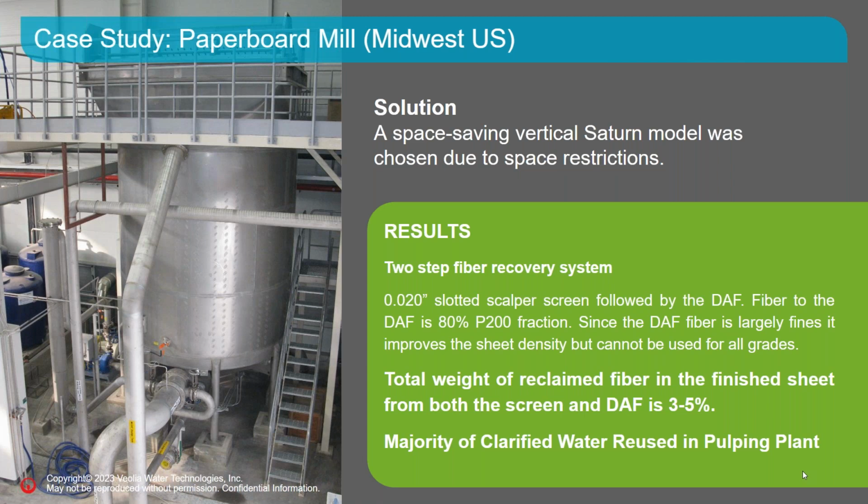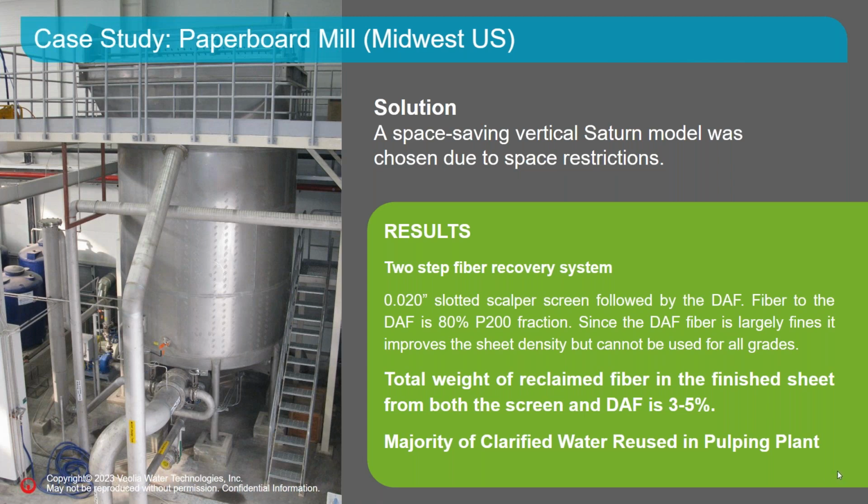And the fiber to the DAF tends to be 80% or so of the P200 fraction, so very fine material. Since the DAF floats up this fine material, and it's largely fines, it can improve the sheet density of the final product, but it cannot be used in all the grades. Sometimes they have to reject this material if it's not appropriate for the grade that they're making on that day.